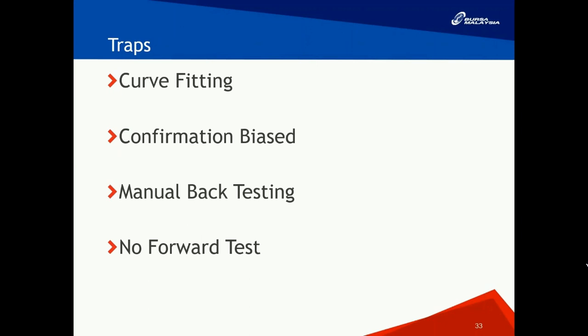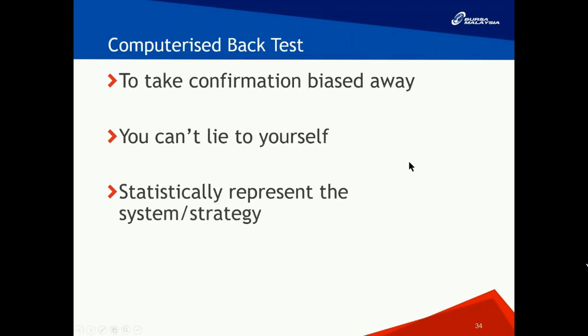You're going to spend too much time on that. That's why computerized testing comes into play, where you use a computer system to back test your strategy. This helps not only with speed, it also takes the confirmation bias away from you. You don't rely on your own judgment anymore.